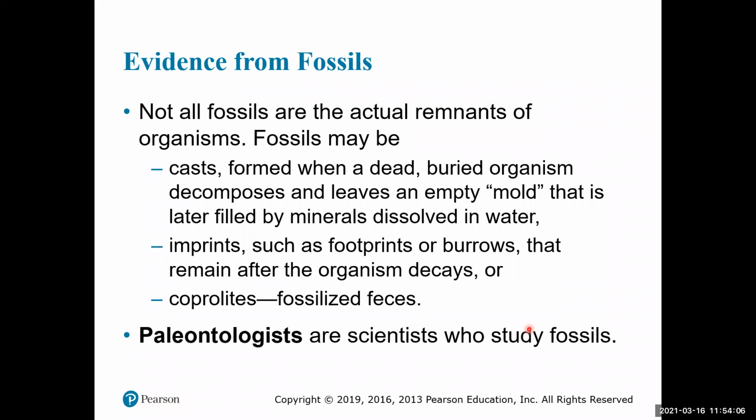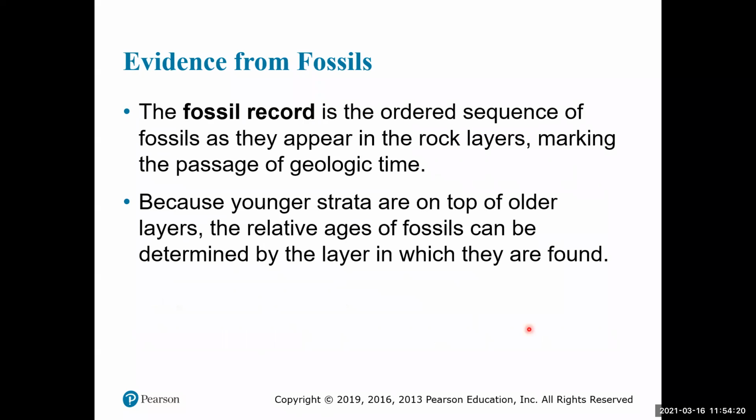The scientists who study fossils are known as paleontologists. They are the researchers that go out and search for fossils and study fossils to try to identify past organisms and the characteristics of those past organisms.